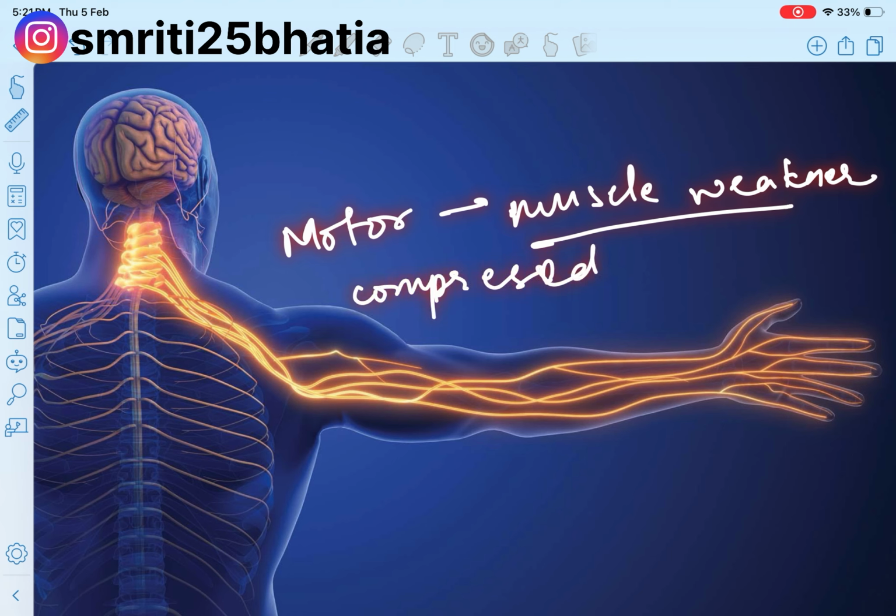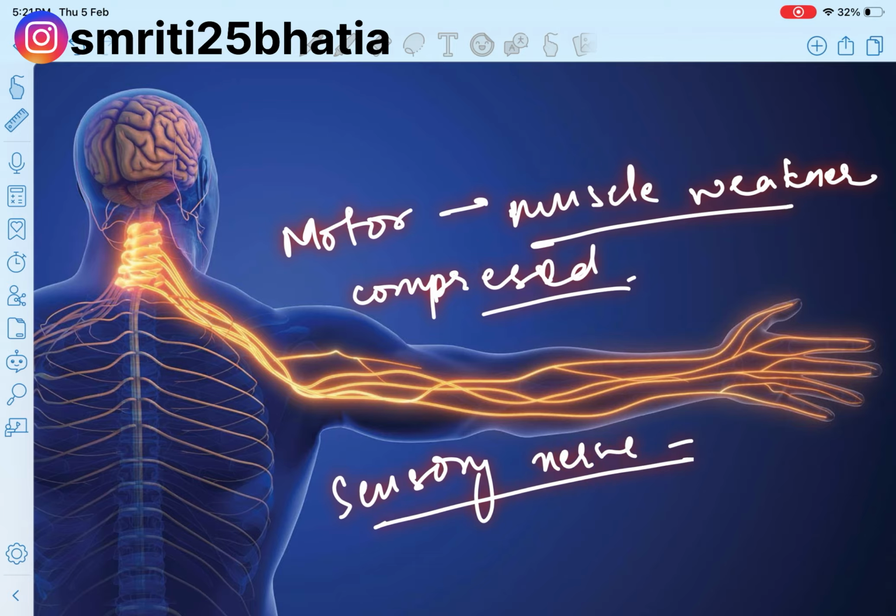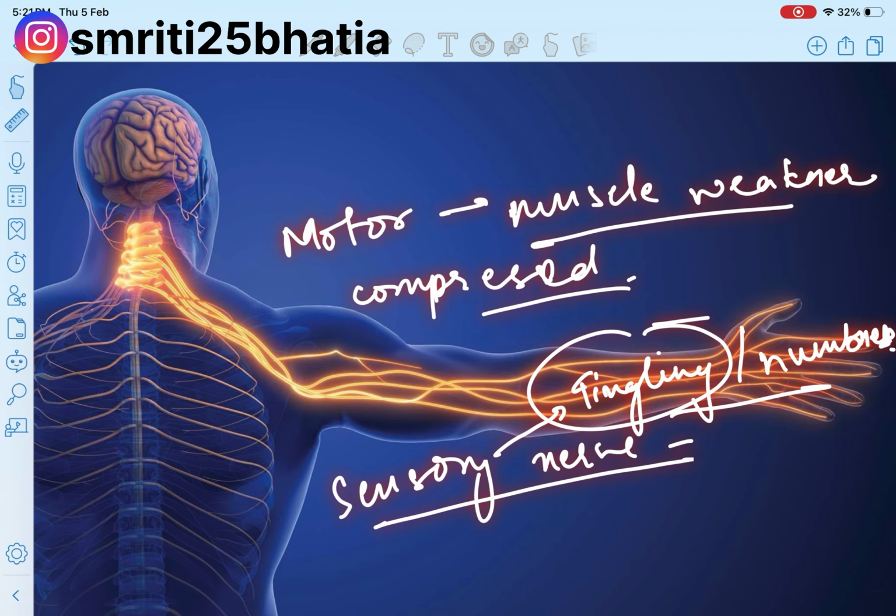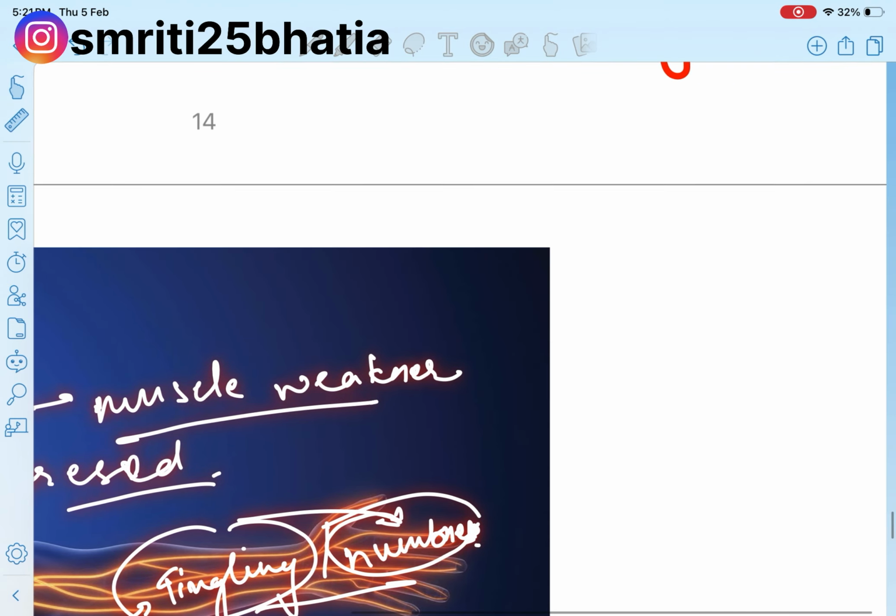In case of a sensory nerve, if it gets compressed, we will see tingling or numbness. First of all, tingling is seen, and after that numbness is seen.